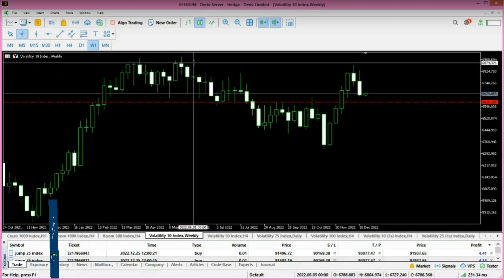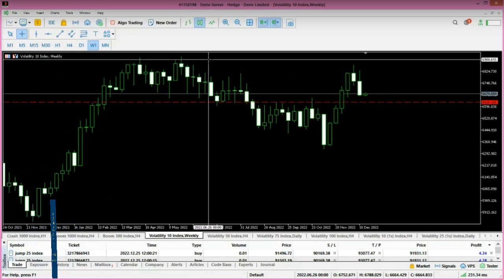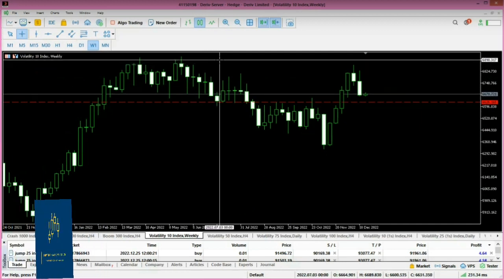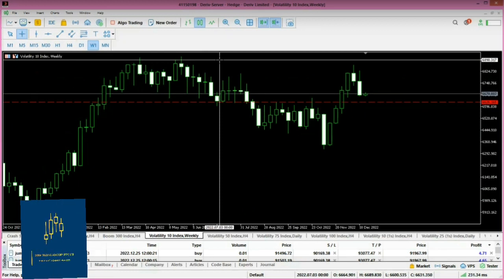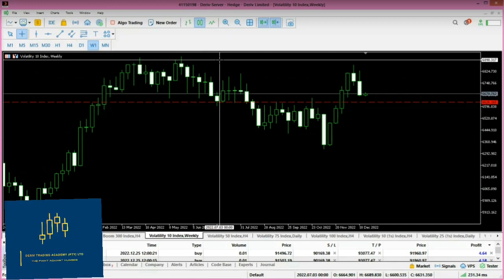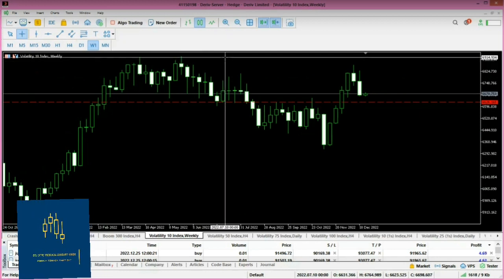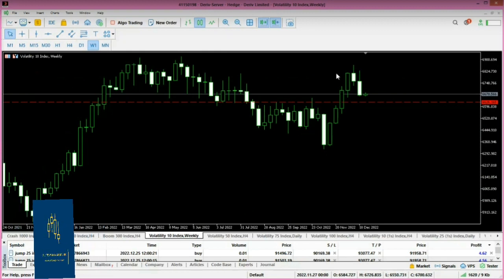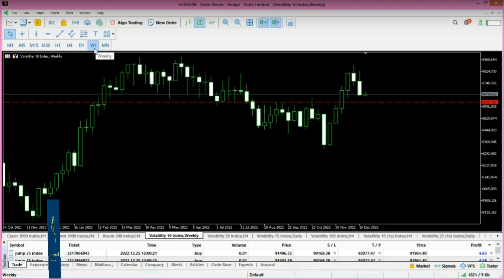Whenever the market reaches this type of area, you need to consider selling unless it proves to be broken. It really needs to be broken if ever you want to buy. So we are expecting a sell on this area, because this one is our weekly time frame.